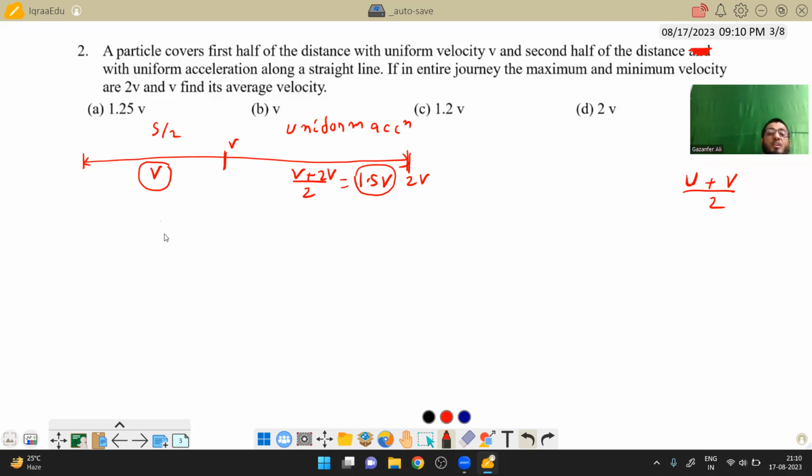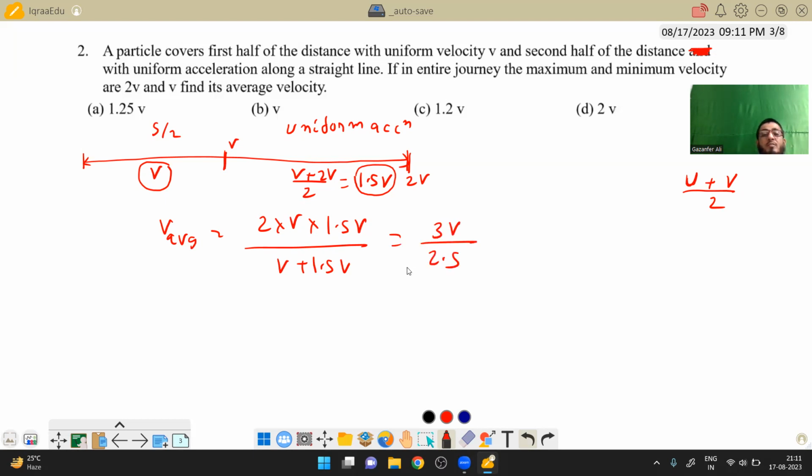So the average for this will be 2 v1 v2 divided by (v1 plus v2), which will be 3v divided by 2.5. Am I right? 3 divided by 2.5. So 1.2v. So this is the answer.